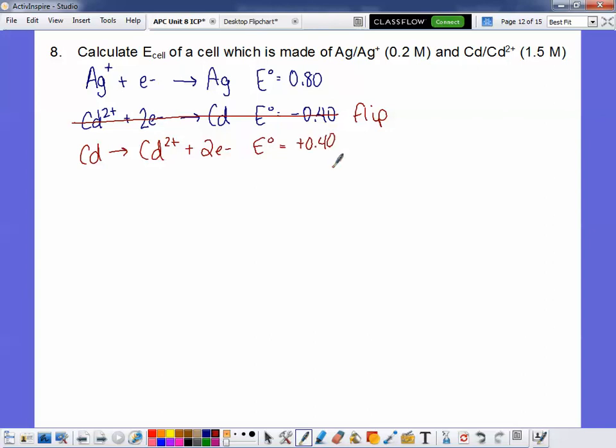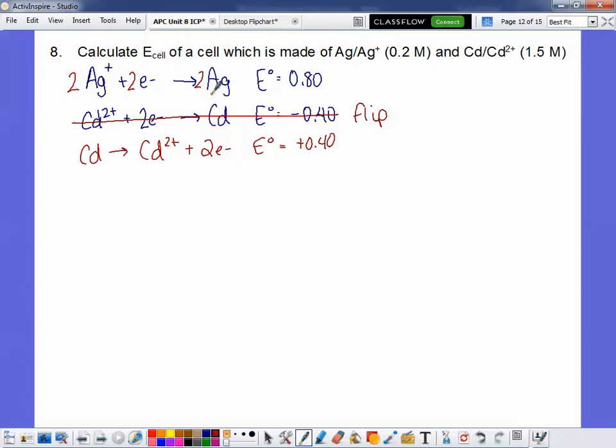All right. So now, to write your full equation, you're going to need to balance that. You're going to have to make the electrons equal. In order to make the electrons equal, what are we going to multiply this first equation by? 2. What does that do to the potential?